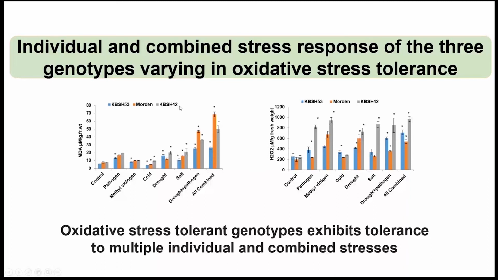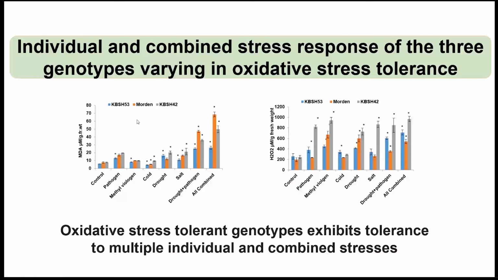And the left side graph shows the MDA content, and the right side graph shows the H2O2 estimation. To our satisfaction, it was so clear that these genotypes were behaving the way they did in the menadione-induced oxidative stress, in other words, the ones that are susceptible were also susceptible to the stresses that we are actually exposing here and studying.